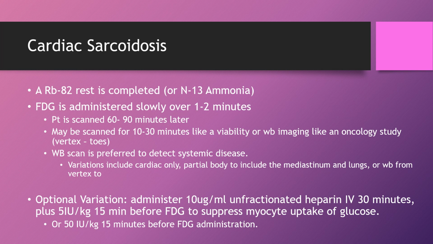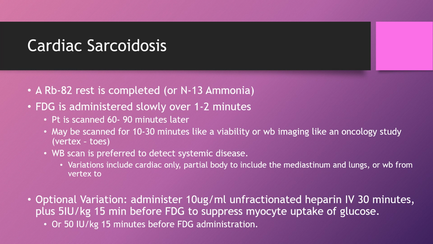If it is just cardiac only and there's no known systemic disease or evidence of it, then one variation would be to just do cardiac only scanning, just like a viability protocol.